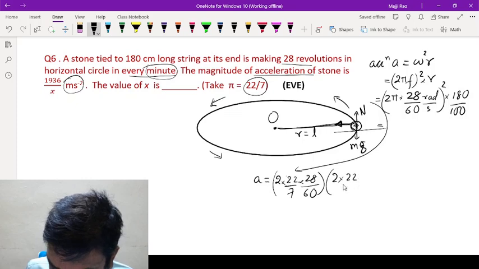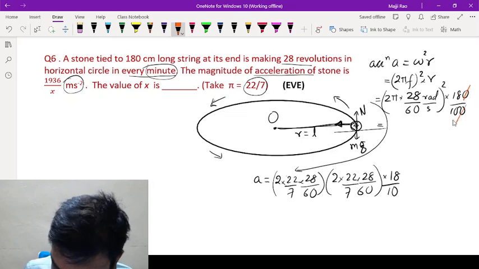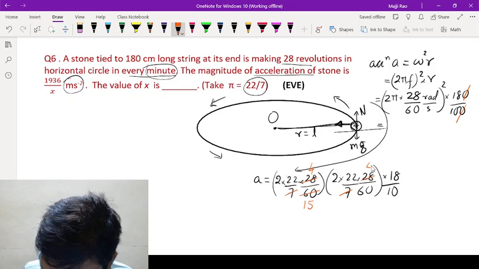That is again 2 into 22 by 7 into 28 by 60 into 18 by 10, because here the 0 will get cancelled. Now you can see 7 fours are 28 and 15 fours are 60. Here also 7 fours are 28 and 15 fours are 60.